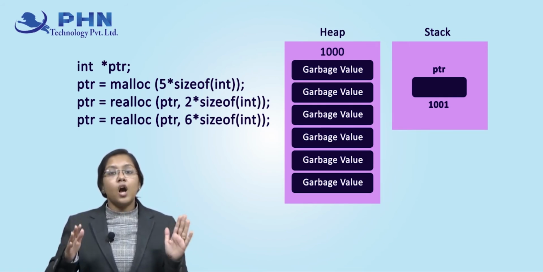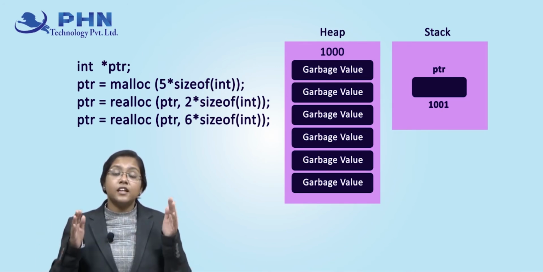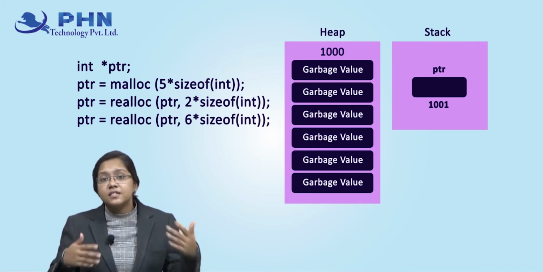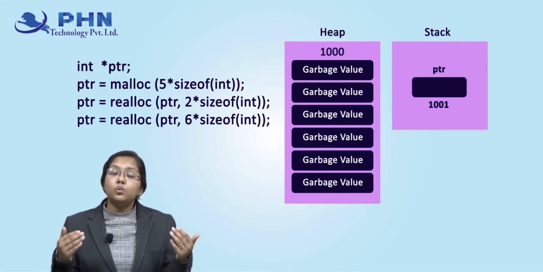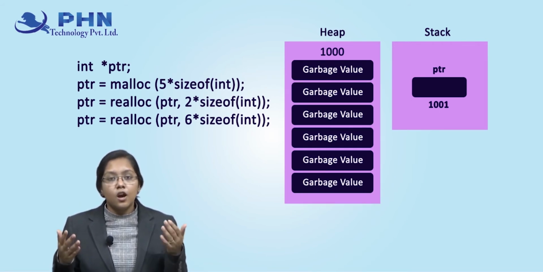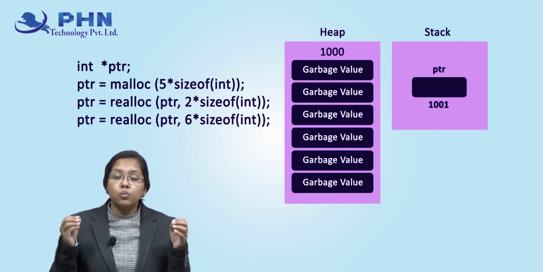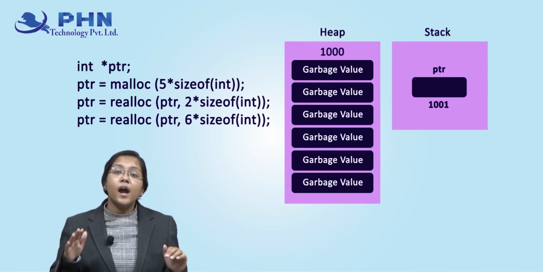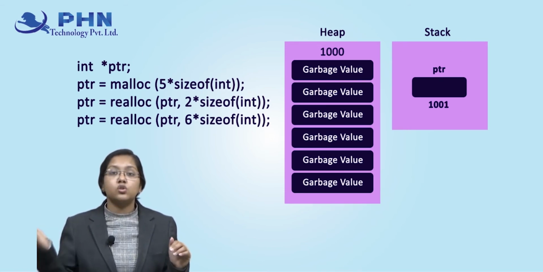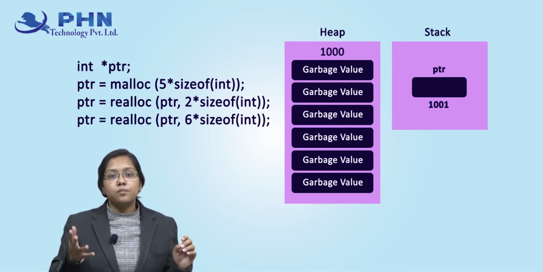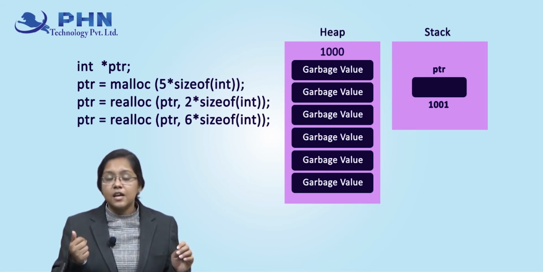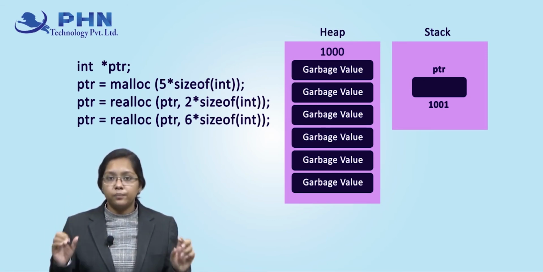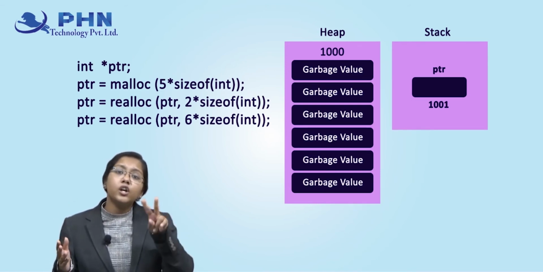Malloc was used to allocate the memory, whereas realloc is used to rearrange and resize the memory as per the user's choice. So let's say I have allocated a memory, but now I don't want that many spaces. Let's say I have given the size as 6. Now my memory is getting stored in 6 blocks, but I only require 2 blocks.